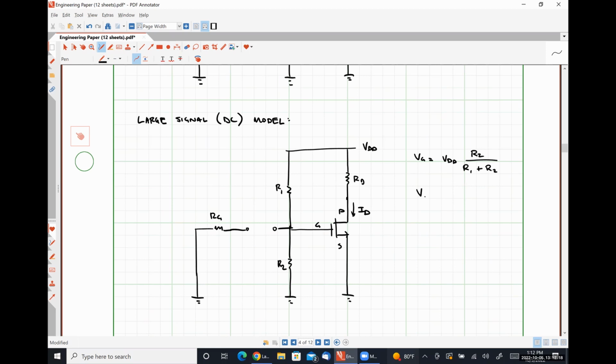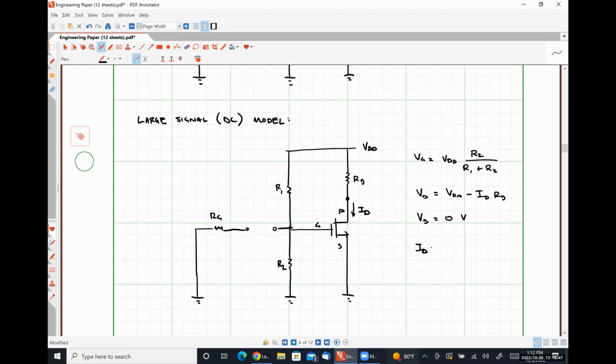Our drain voltage, VD, so this is the voltage at this node right here, is just our power supply voltage minus ID times RD. And our source voltage by inspection is 0 volts because we're tied directly to ground.